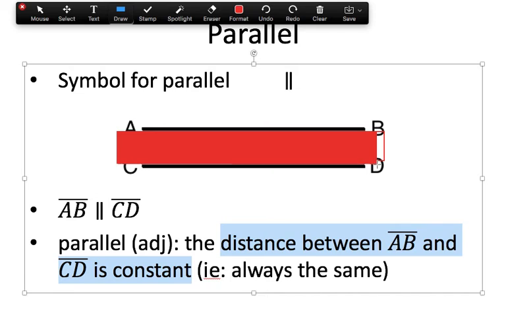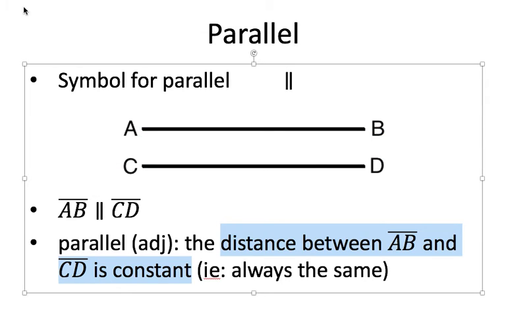What you'll notice is that the distance between those two black lines is always the same. So if the distance between the two lines stays the same, same distance apart from each other, then we would say that those two are parallel to each other.